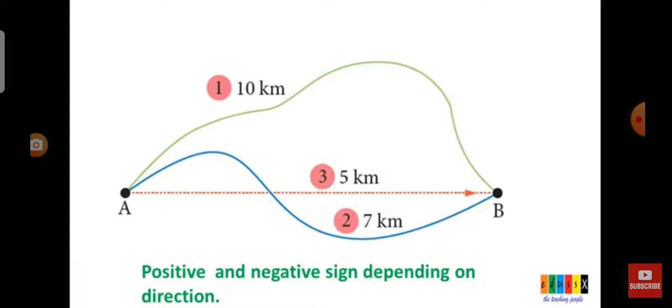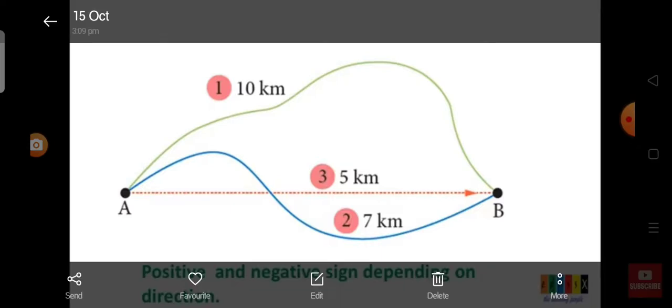Here the motion of a person between the two places, that is A and B. Here he travels 10 km in the first path. In the second path he travels 7 km. The distance between A and B in the first path is 10 km and the second path is 7 km.